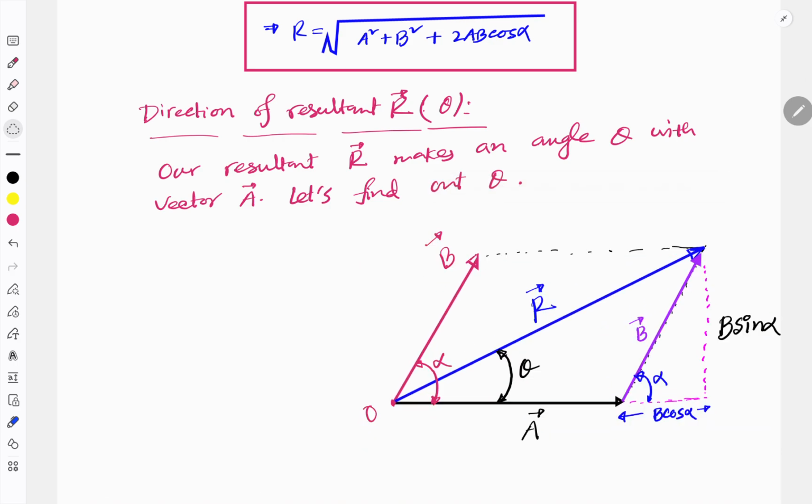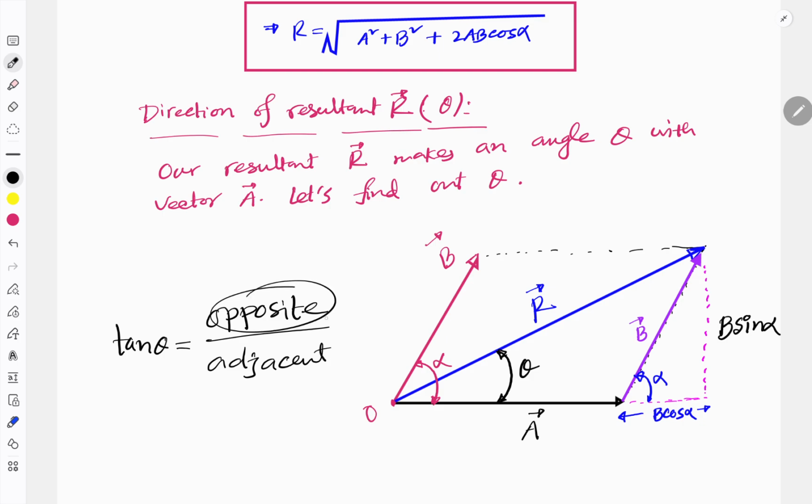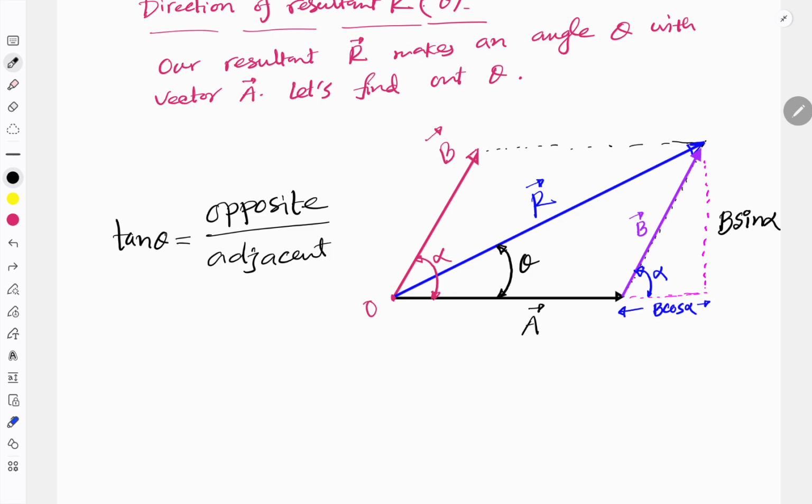Okay, now we know tangent equals opposite divided by adjacent, right? Or some say opposite, some say perpendicular divided by base, which is also correct. So with respect to theta, my opposite is b sine alpha.